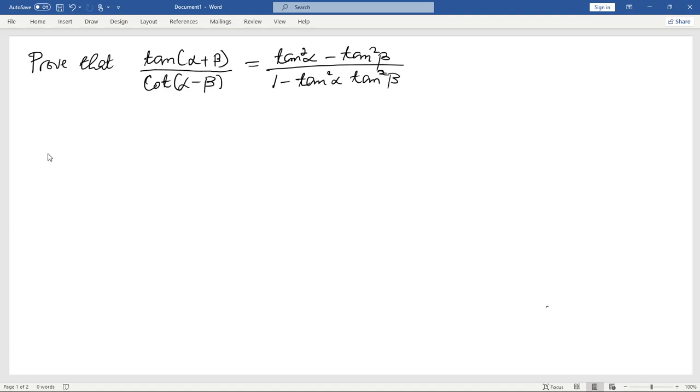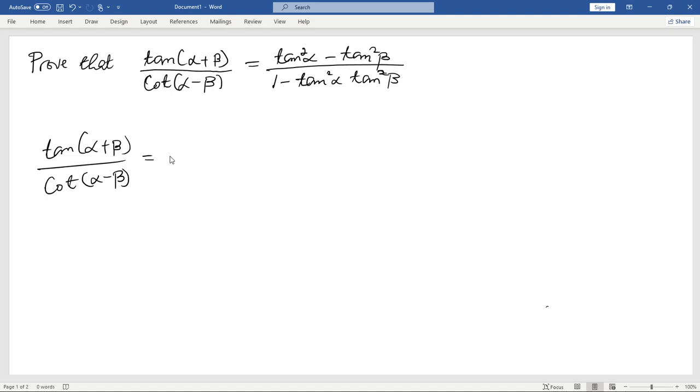So we have tan(alpha + beta) here divided by cot(alpha - beta) here. This here is the same as, we say that tan is made of the quotient of sine divided by the cosine function.